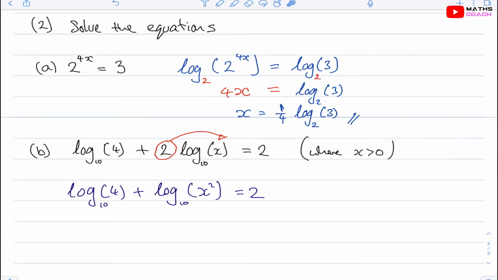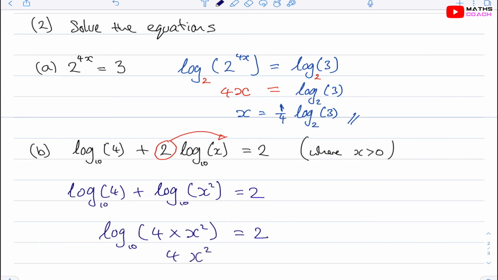And now we can see that we're adding two log terms together, so that kind of hints towards the multiplication rule, and we can rewrite this as the log of 4 times x squared to base 10 is equal to 2.